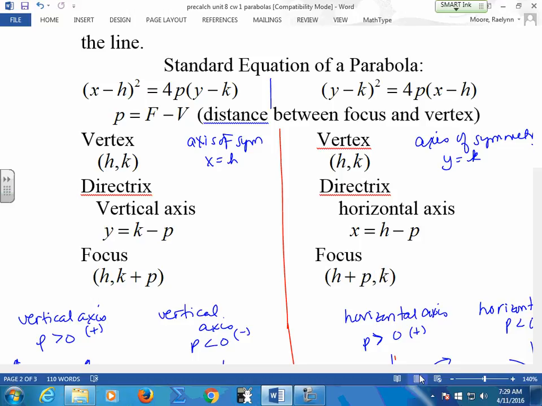So it's basically the same format. Your square is always going to go over here. This is where your square one's going. A little bit different than what you did before. So an x squared is one that's going to open up and down. A y squared is going to open left and right.